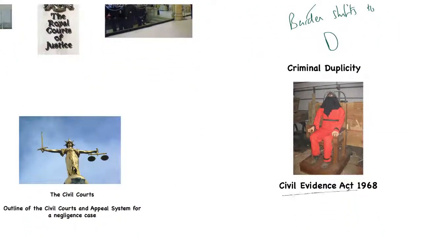Because of the Civil Evidence Act 1968, if the defendant is convicted of a crime based on the same event as the claimant's claim in negligence, the claimant's claim in negligence will be immediately satisfied. And the reason for that is if there is a criminal case, then the court has been satisfied beyond all reasonable doubt.